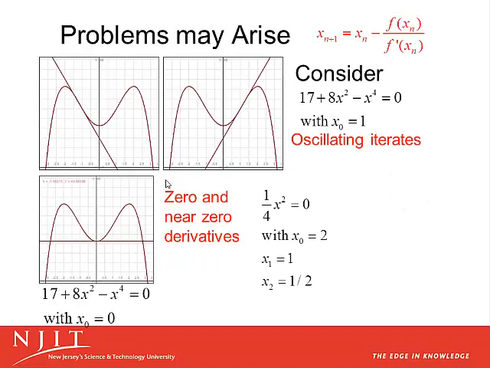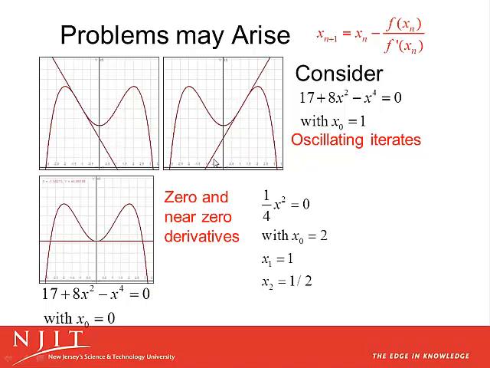Now that was a nice example, but with Newton's method, there are problems that can arise. If we consider the equation 17 plus 8x squared minus x to the 4th equals 0, starting with an initial guess of x0 equal to 1, then we draw the tangent line, we get a new x value, we plug in that new x value and find that tangent line, and it gets us right back to where we started.